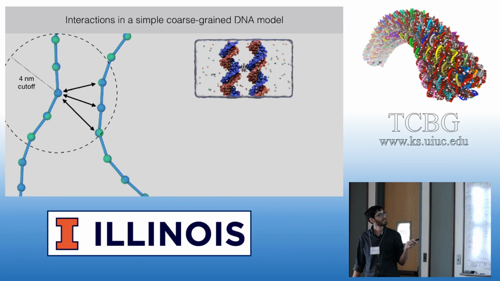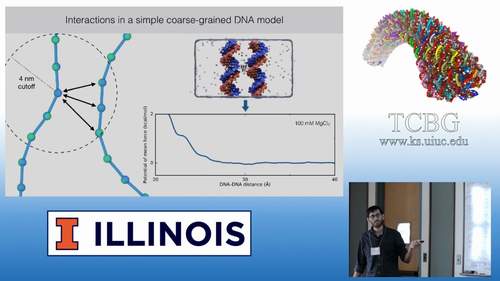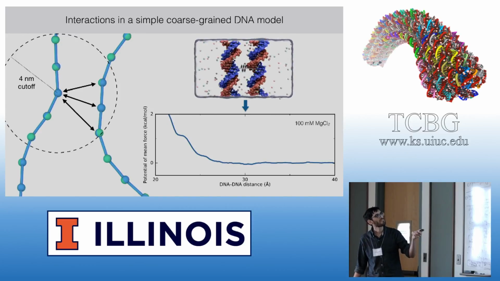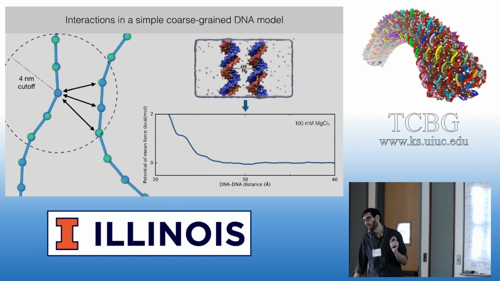So rather than assume a Boltzmann kind of approach for electrostatics, we actually ran simulations of DNA duplexes and measured essentially the mean force as a function of the distance between those duplexes. These are small simulations, and they weren't too bad. We only did this at one ion concentration, so currently that's fixed in our model.